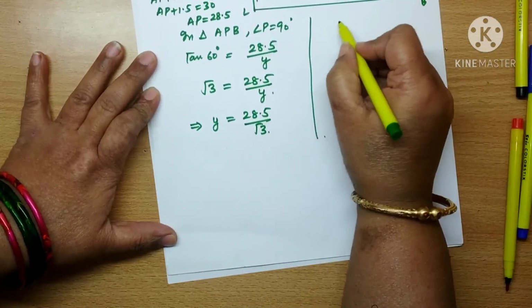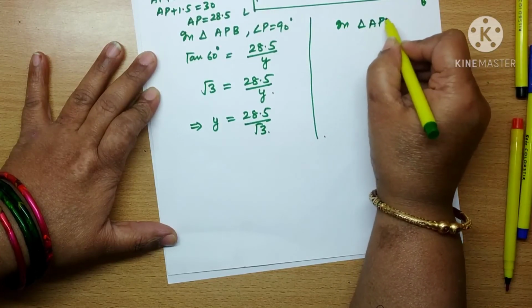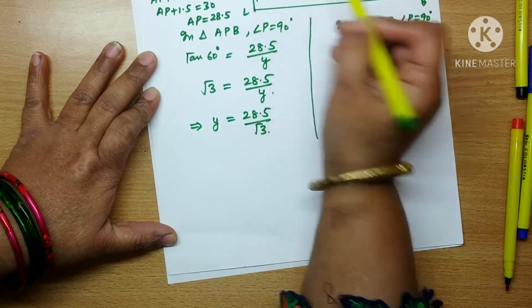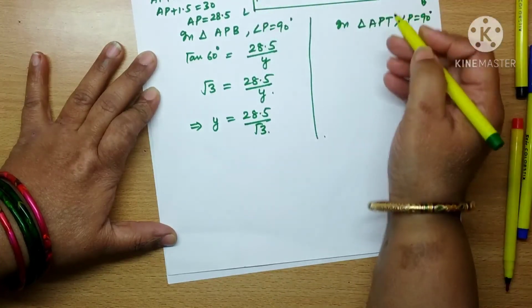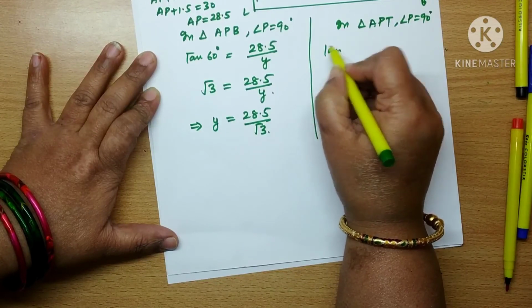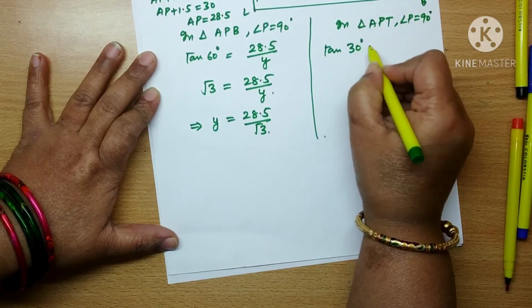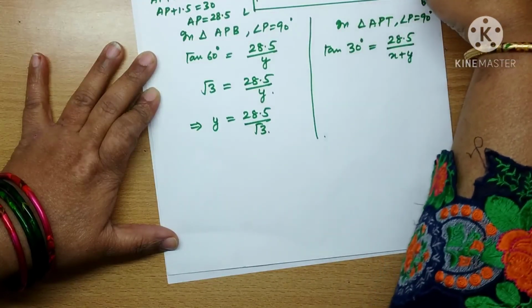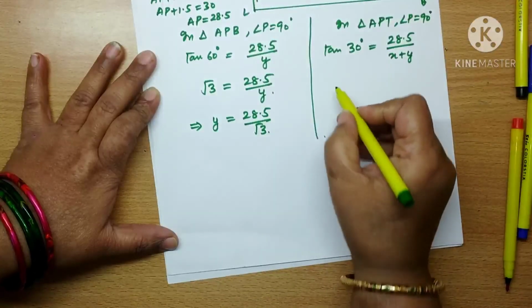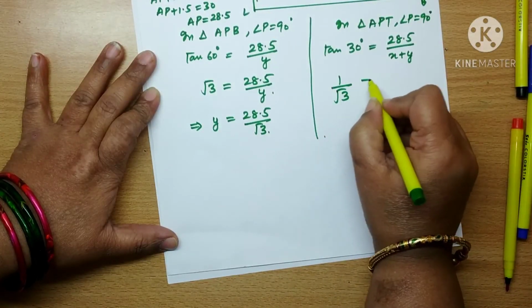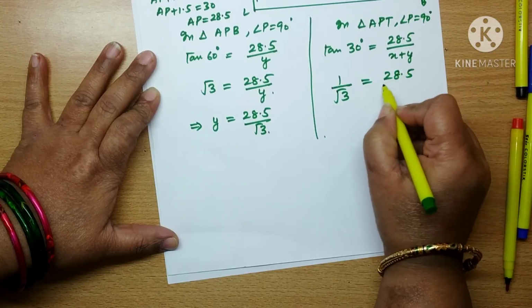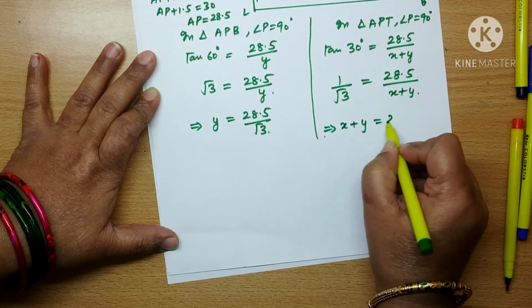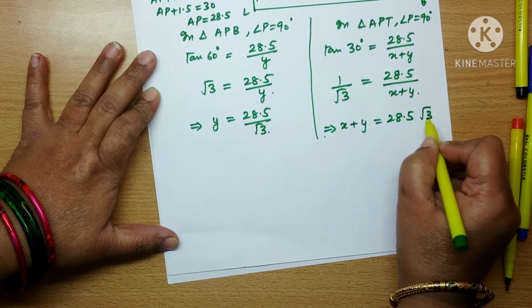Next, in triangle APT, angle P is 90. We need to find X. So in this bigger triangle, I have tan 30 degrees equal to 28.5 by X plus Y, perpendicular by base. Tan 30 is 1 by root 3, equal to 28.5 by X plus Y. So I get X plus Y is 28.5 into root 3.